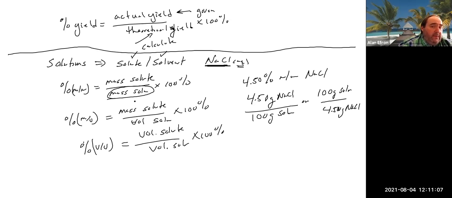Now, the most common unit of solutions in terms of concentrations is really molarity, and that's obviously the one that we use the most. Molarity, as we know, hopefully is moles of solute per liter of solution. You could think of that as moles per liter.